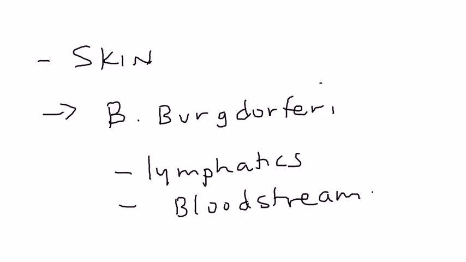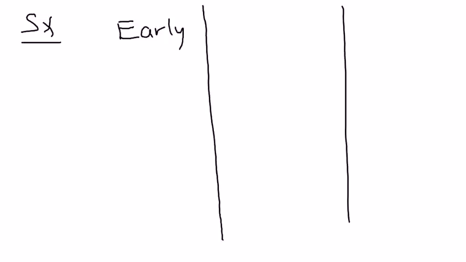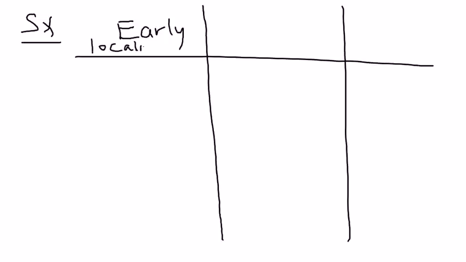So Lyme disease, if you have symptoms, there's three types of symptoms. They're localized, but they're also characterized by stage. So you have early localized, you have early disseminated, and then you have late.